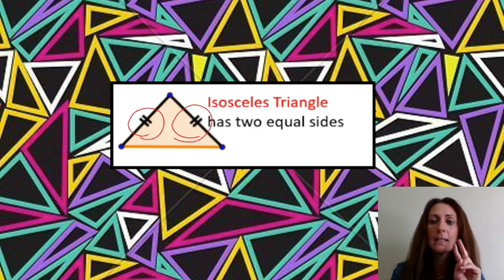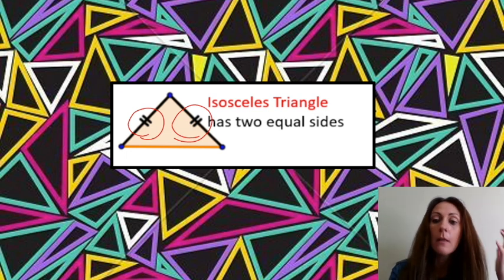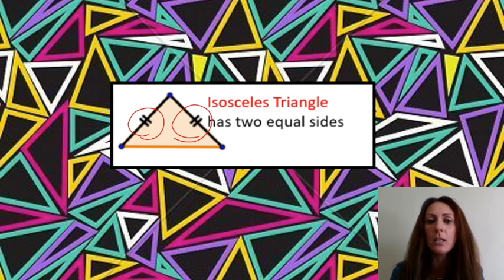Two of the sides have the same number of hash marks, so that means they're equal. There are also cases where you're going to see the actual measurements of the sides, and you're going to see that in just a few minutes. So that is another way that you can see the length of a triangle side. Again, to reiterate, an isosceles triangle has two equal sides, just two.